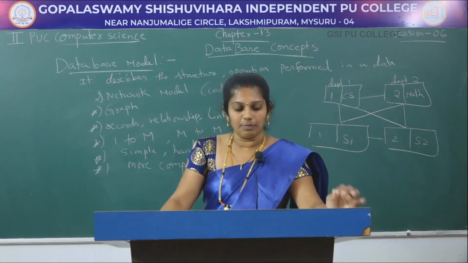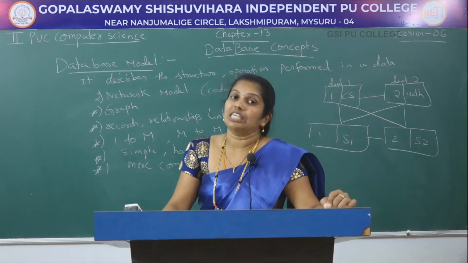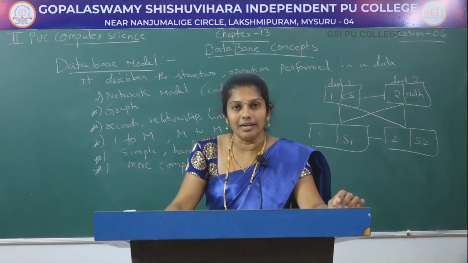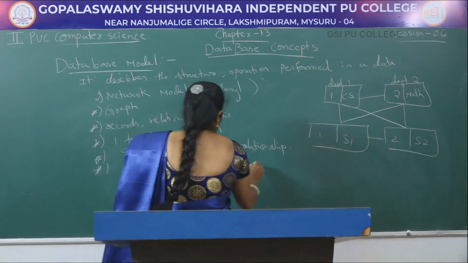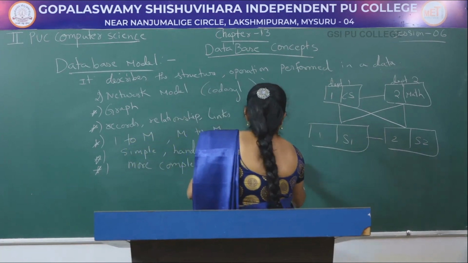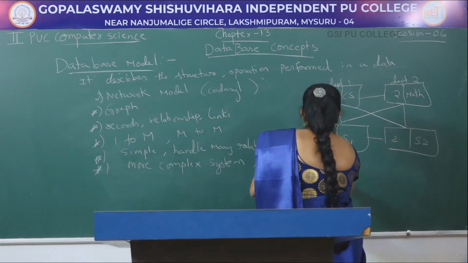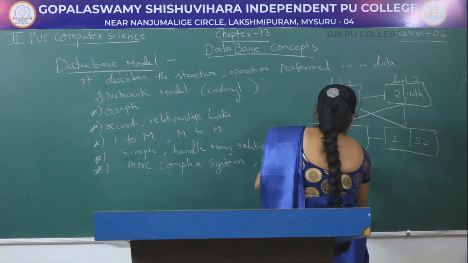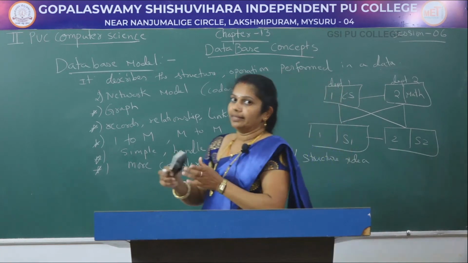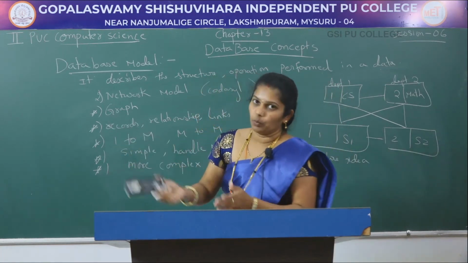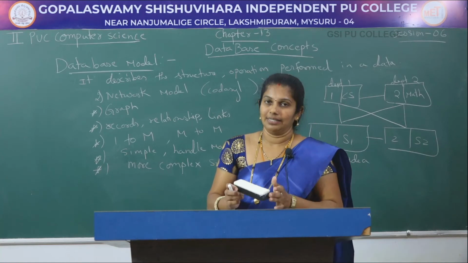It is more complex by nature and has a lack of structure. Here there are lack of structural difficulties, a lack of structure idea. Like this, in the graph model also we have some advantages as well as disadvantages.